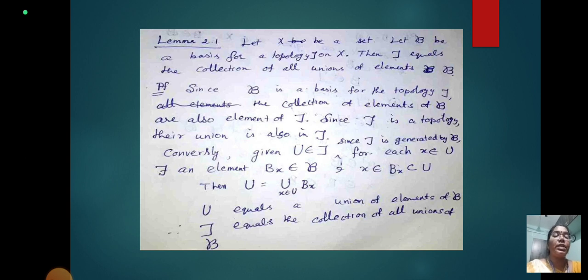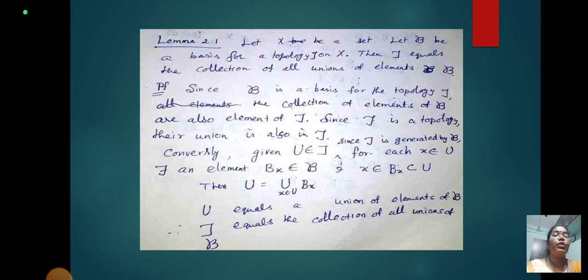We already saw that script B is a collection of subsets of X such that script B must satisfy the two conditions. Here, script B is a basis for the topology tau, so all elements of script B are also elements of tau. Since tau is a topology, their union is also in tau, since tau is generated by script B.